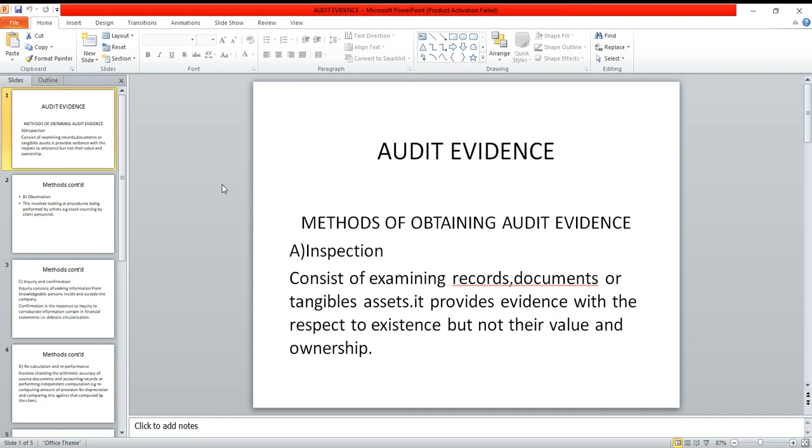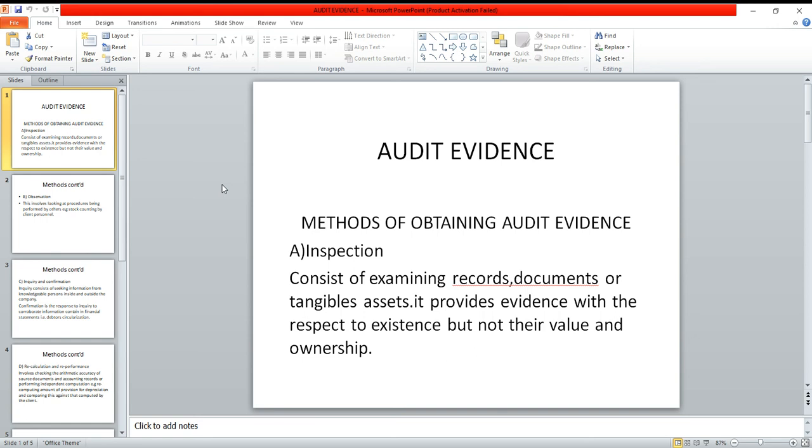So, class, audit evidence is the information which the auditor finds or obtains in order to support the financial statements on which his or her audit opinion is based.